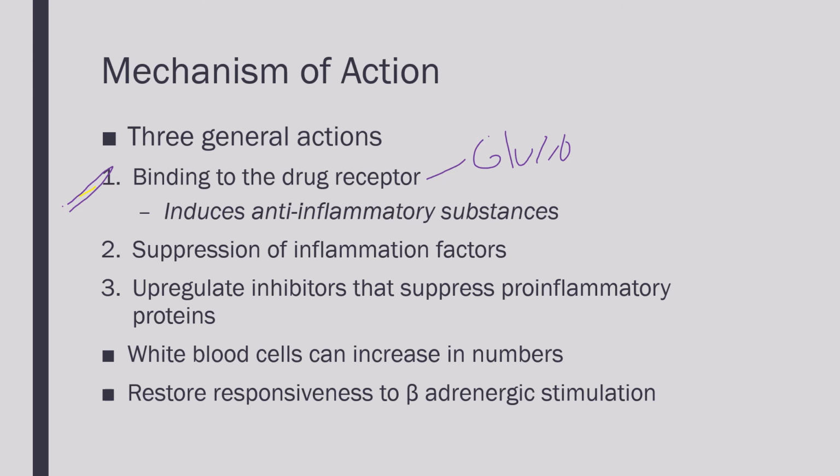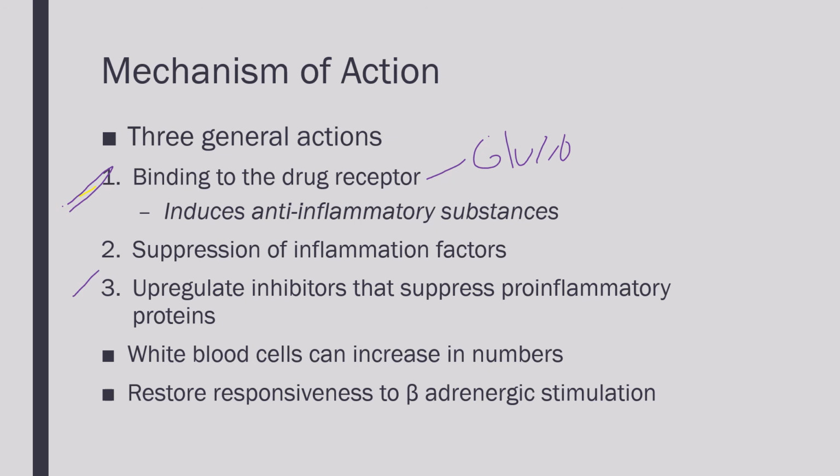So when we're looking at this, that's then going to cause number 2 here. We're going to have suppression of inflammation factors, which is the whole point here, to reduce how much swelling is going on. It's not going to stop it completely, but to help regulate it.